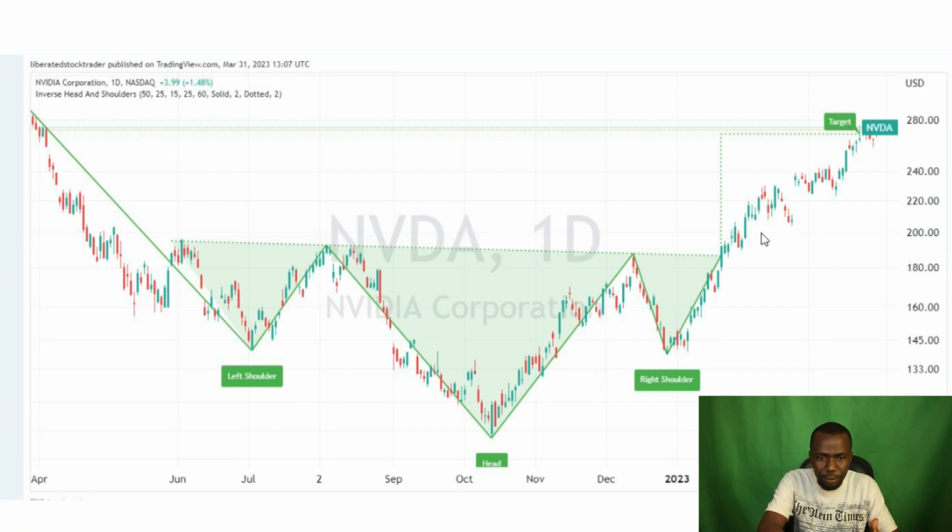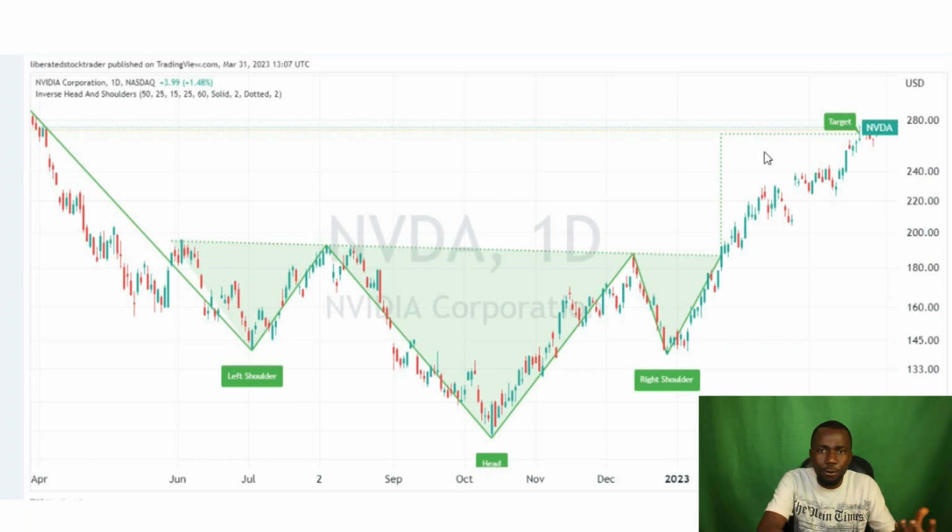So like I said, you can simply place a pending buy order above the neckline and your stop loss below the neckline, or you can wait for price to break above the neckline and make a retracement to the neckline. So once the price tests the neckline, you can place your buy trade and your stop loss will be below the neckline, right? So your take profit should be 1 to 3 risk reward.